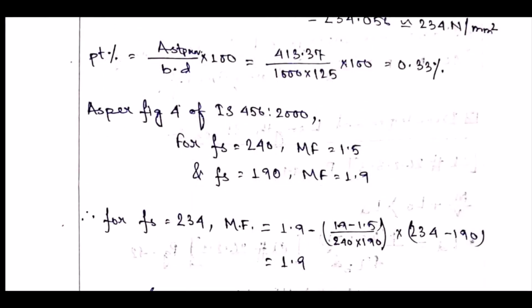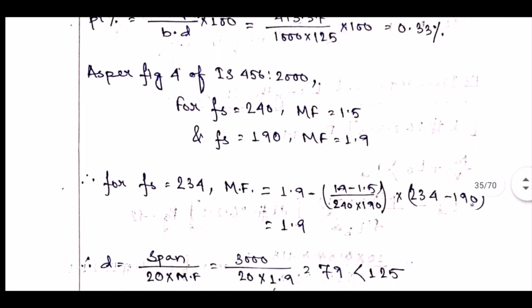So on your screen, whatever our findings as per figure number 4 of IS 456 2000, for fs 240 the modification factor is 1.5 and for fs 190 it is 1.9. Therefore for fs 234, the modification factor is equal to 1.9 minus (1.9 minus 1.5) by (240 minus 190) into (234 minus 190), that is equal to 1.9. So the modification factor is 1.9.